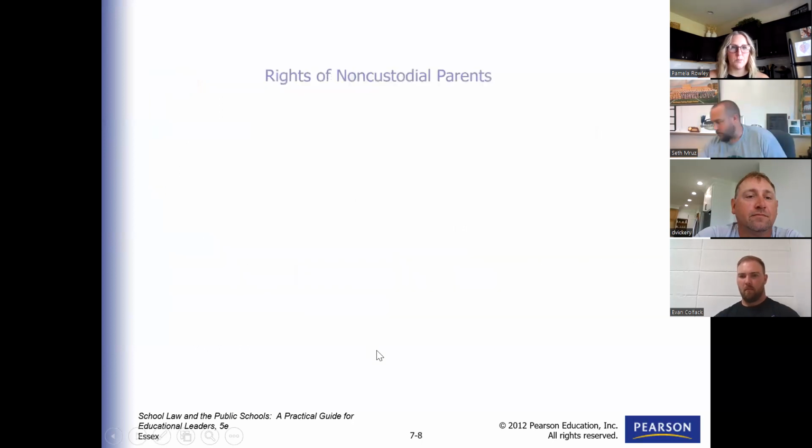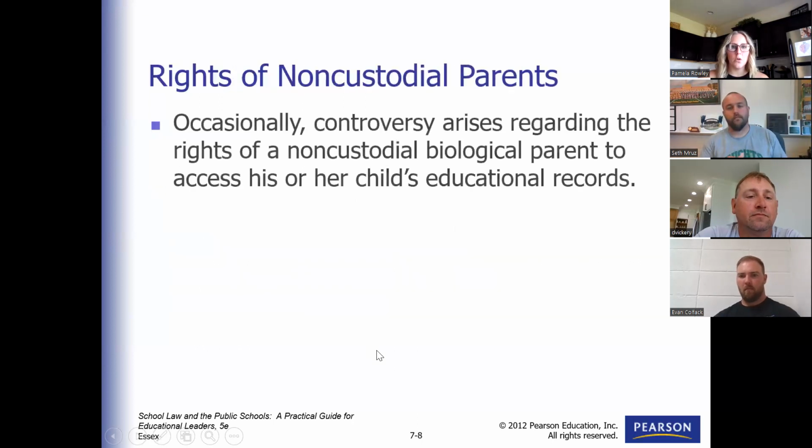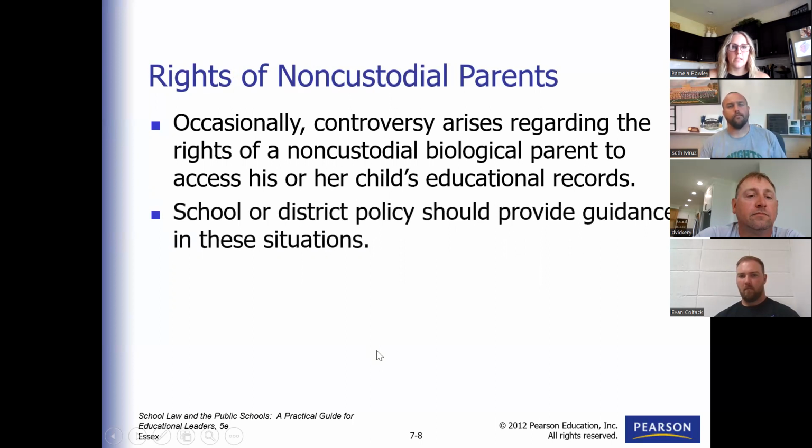Okay, the next piece, Dave talked about this a little bit, is the rights of non-custodial parents, because as we know, there's sometimes controversy between non-custodial, notice it says biological parent. There was an example within the text of a court case where a mother who had the custodial rights did not want the non-custodial biological father to have any access.